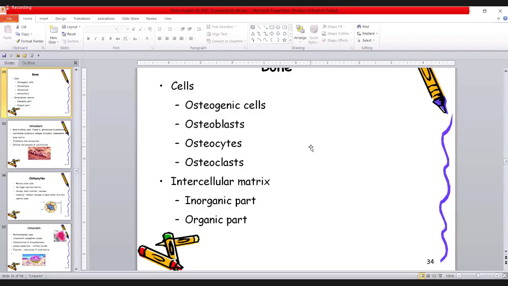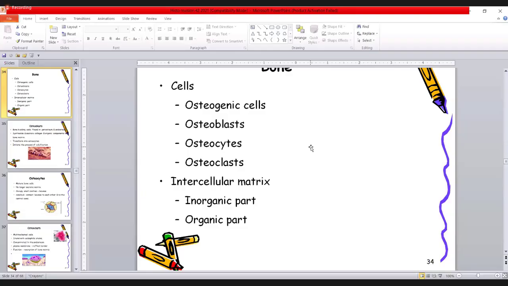Madam, they are present within lacuna. Very good. They are present within spaces known as lacunae, like cages. They could be arranged in lamellae, or if it's trabecular bone, they are not arranged in lamellae.